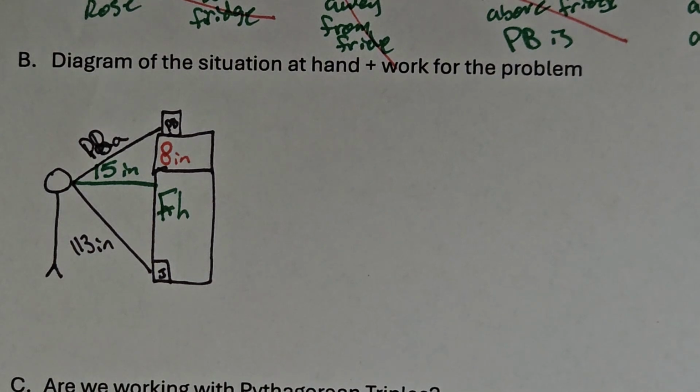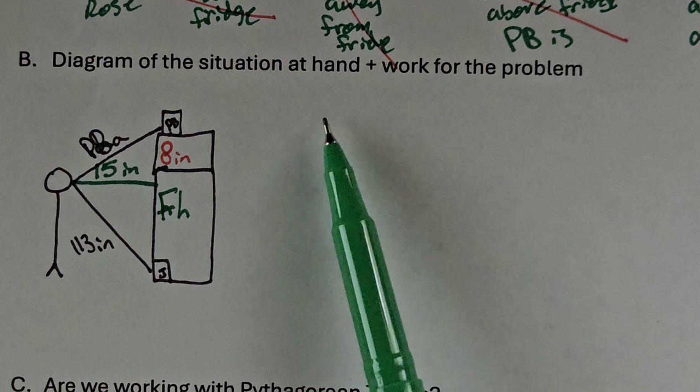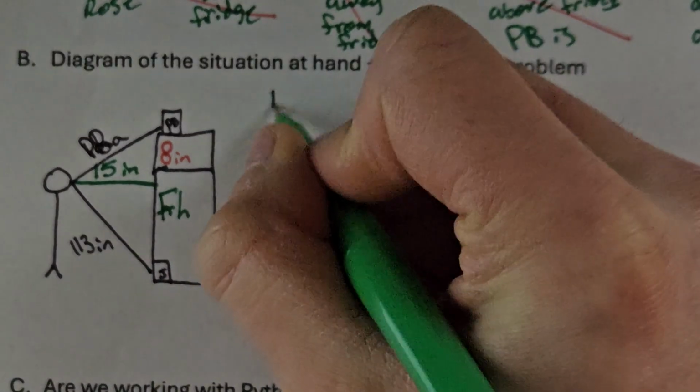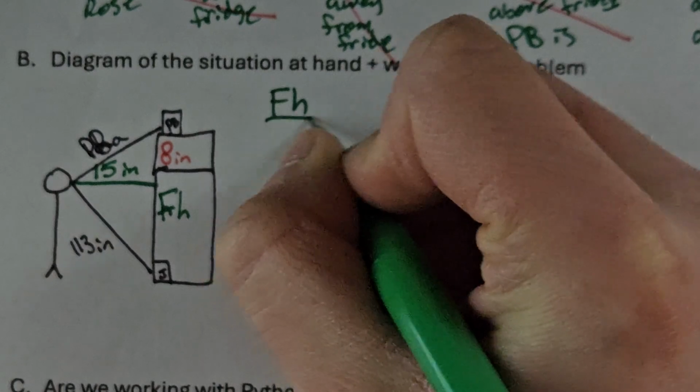That's my diagram and what I'm going to be working with. Now, given the picture itself of what I just drew, little convoluted, but we can kind of see triangles forming. So what might be useful is to break apart the triangles that we are working with. For this problem, the height of the fridge, FH, will be green.